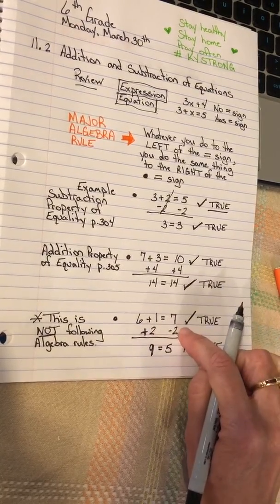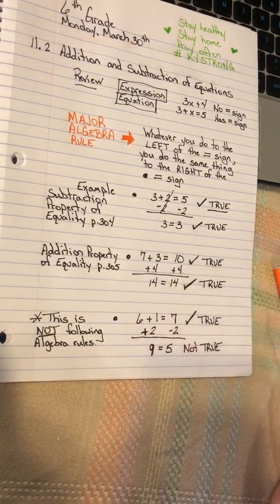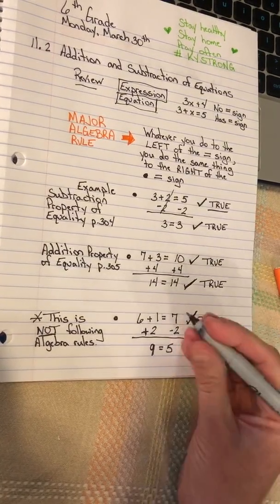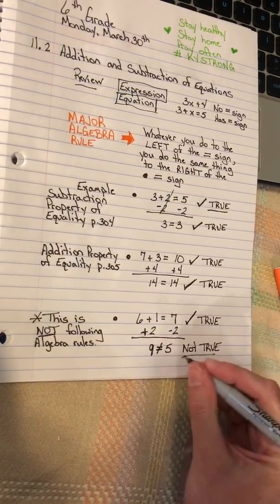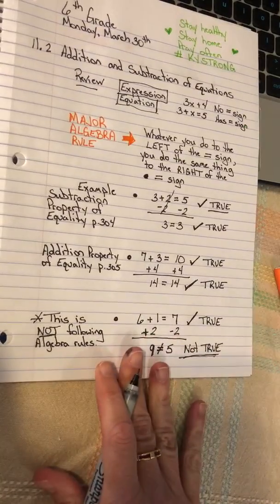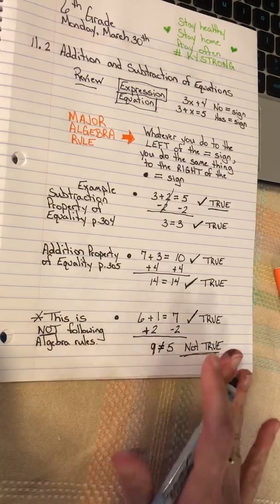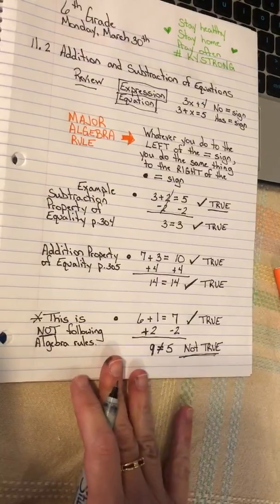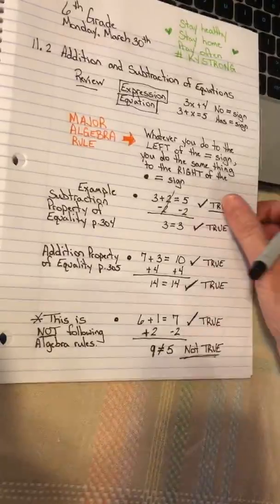To the right side of the equal sign, I do 7 minus 2, and I get 5. 9 and 5 are not equal, so this is not true. This is an example when we did not do the same thing to both sides of the equal sign, and this is one of our basic building blocks of algebra when we work with equations. Let me turn the page.